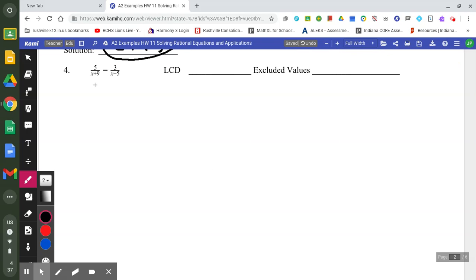On number 4, x plus 9 is factored, and so is x minus 5. So we have to multiply those together to get our least common denominator. So x plus 9 times x minus 5. To get our excluded values, we'll take the x plus 9, set it equal to 0, and solve for x.